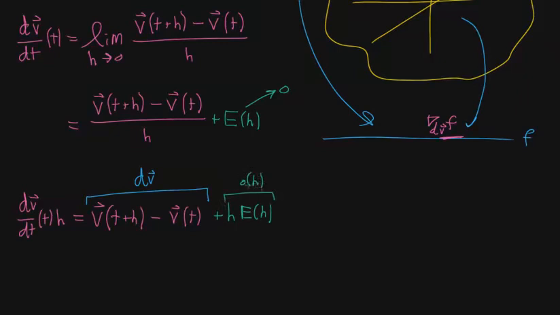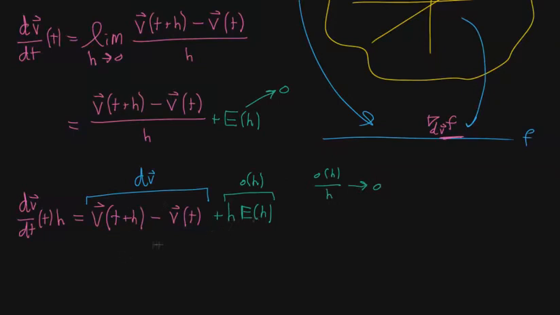And this isn't literally a function. It's just a stand-in to say whatever function that represents, it satisfies the property that when we take that function and divide it by h, that will go to 0 as h goes to 0, right? Which is true here, because if you imagine taking this and dividing by h, this h cancels out, and you just have your error function, which is going to go to 0.